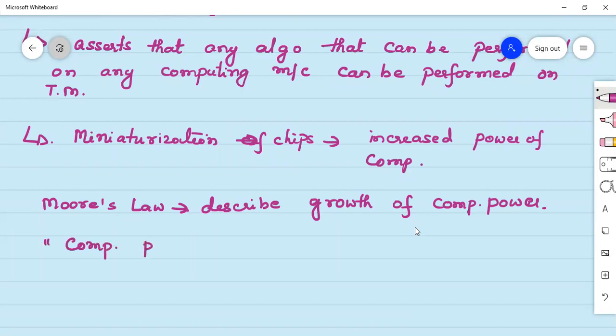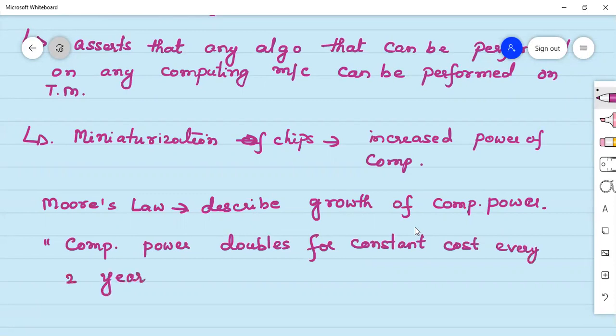Computational power doubles for constant price or cost every 2 years. What is the meaning of this? Whatever you get today for 40,000 rupees, let's say after 2 years, for 40,000 rupees, you will get a more powerful computer. Okay, but initially this was true, but now it's not so.